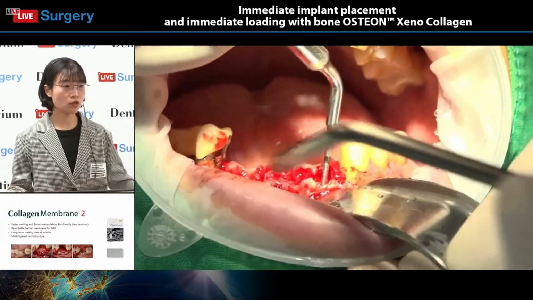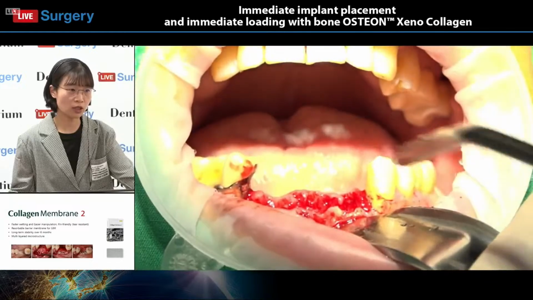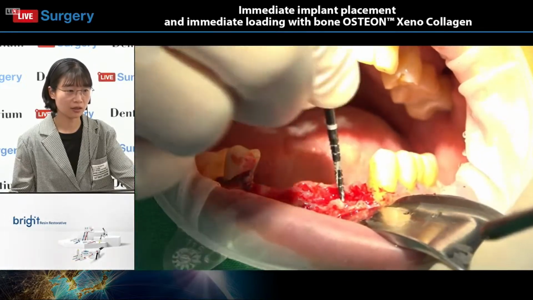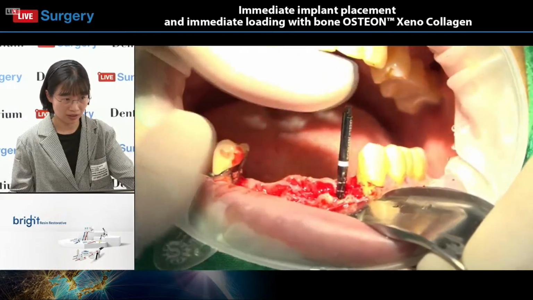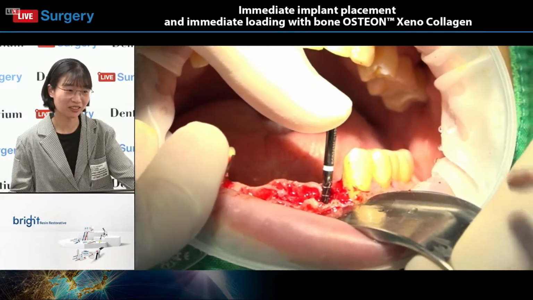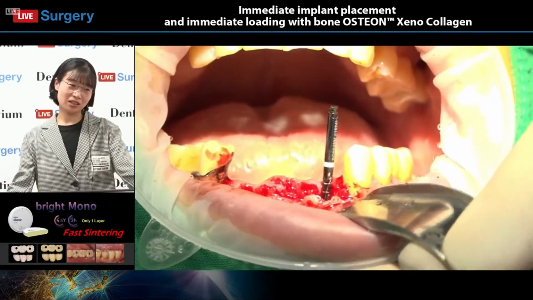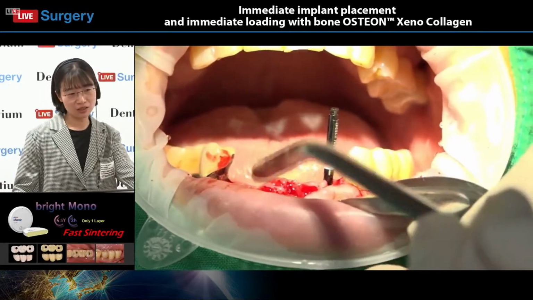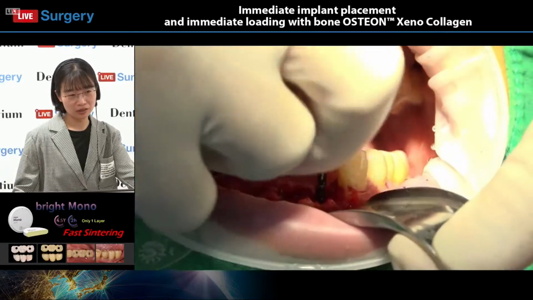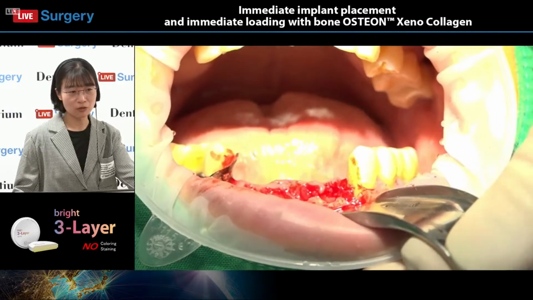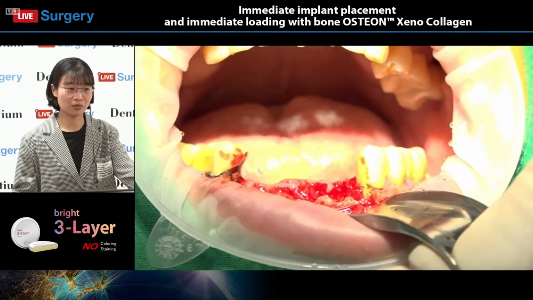Now he measured the depth with the depth gauge. No, with the drill. I think we can imagine he will use the 10 millimeter length implant fixtures.